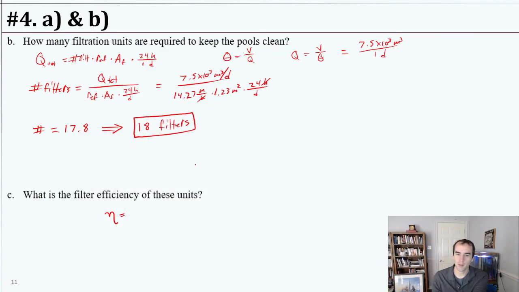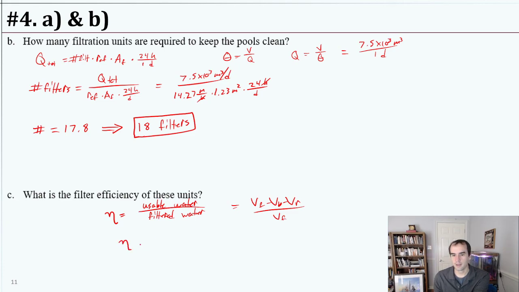So essentially the amount of usable water divided by the filtered water, which is VF minus VB minus VR divided by VF.